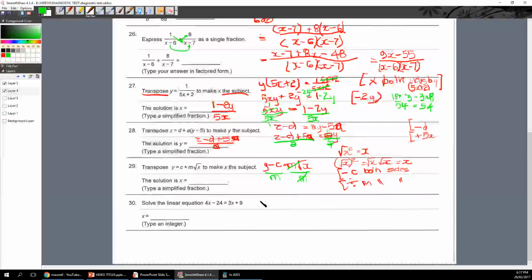They cancel out and become 1. So what we end up with there is y minus c over m equals the square root of x.